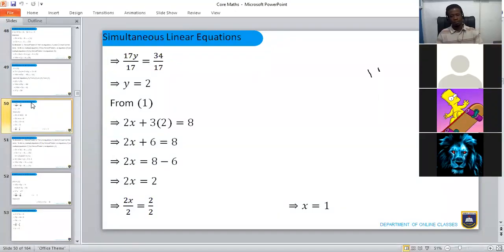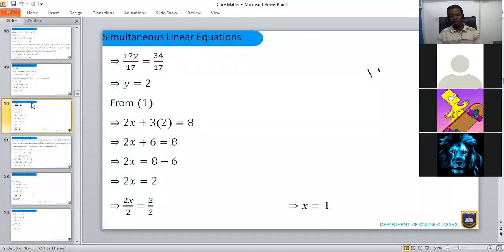No, sir. Okay. So we substitute y equals 2 into any of the equations. So I picked equation 1. And substitute y equals 2 wherever I see y. So that gives us 2x plus 3 into bracket 2 is equal to 8.